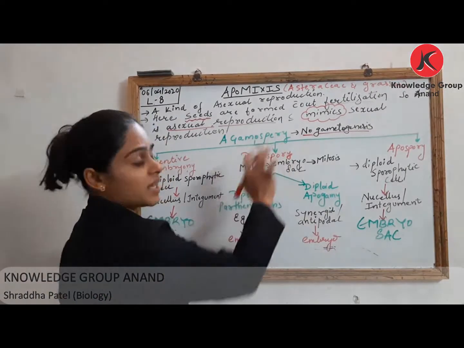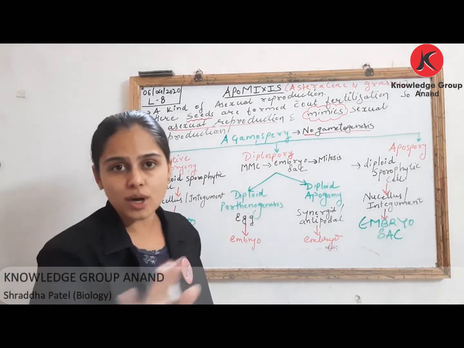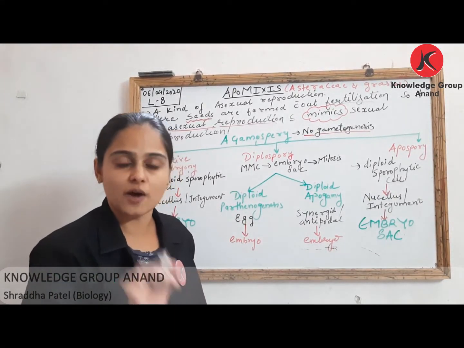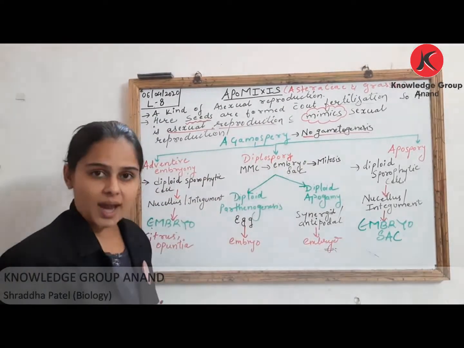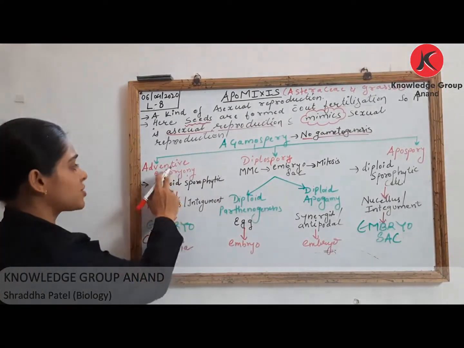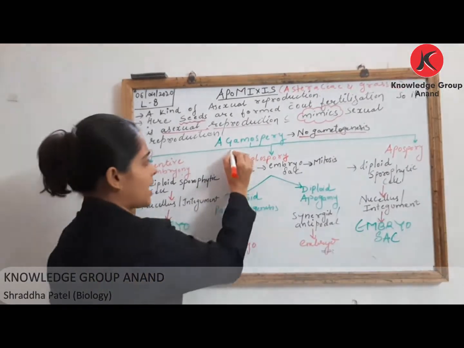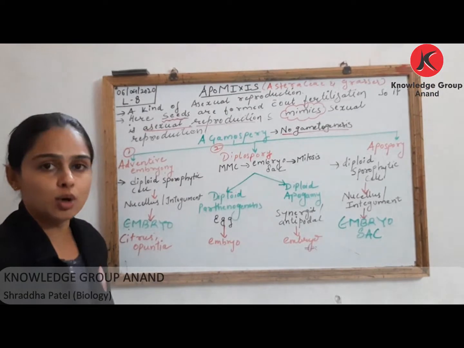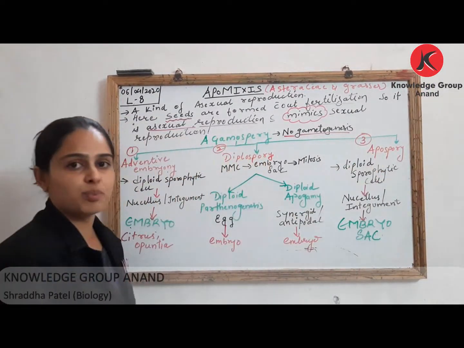So what is agamospermy? There is no formation of gametes, no gametogenesis. Now this I have classified into 3 categories. Number 1, as you can see over here, is your adventive embryony. Second one is your diplospory, and third one is your apospory.